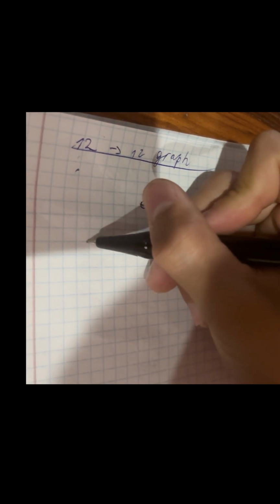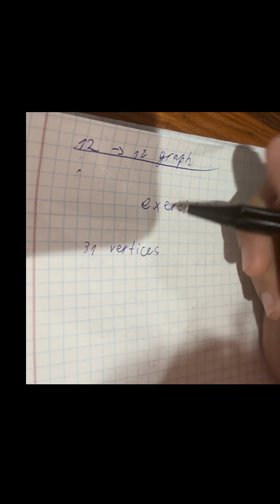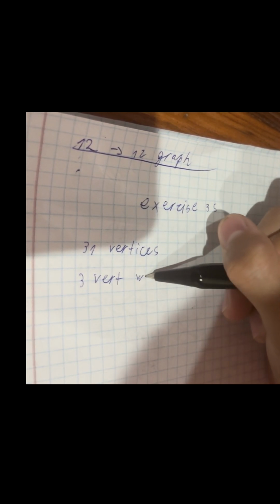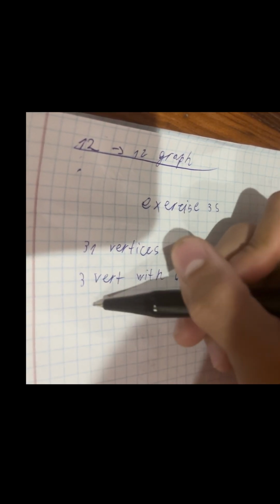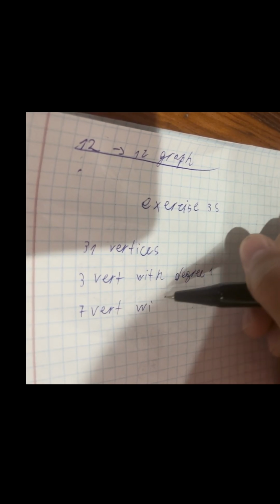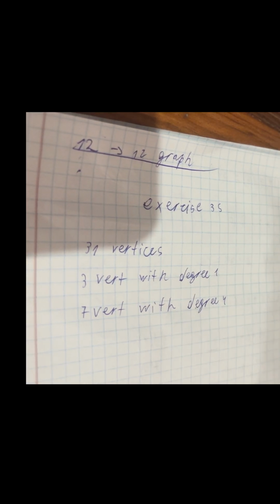Now we have some downgrades with the video because my server is full. Exercise 35, second try. Can there exist a graph with three vertices with degree 1 and 7 vertices with degree 4?